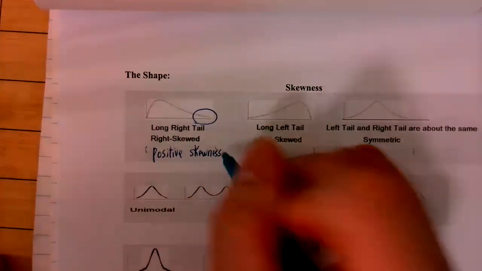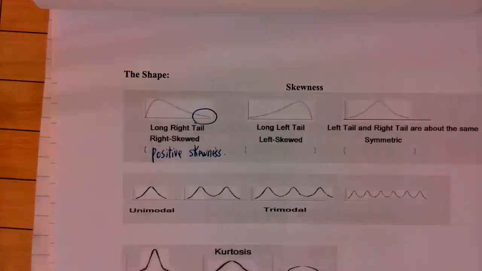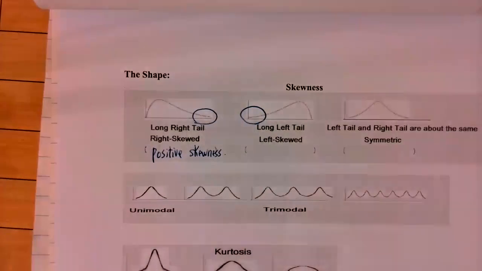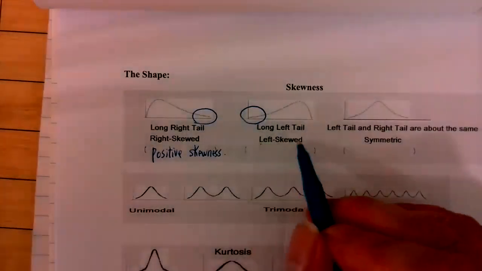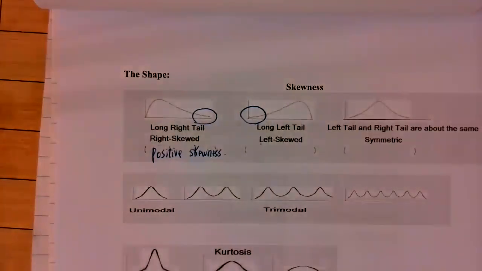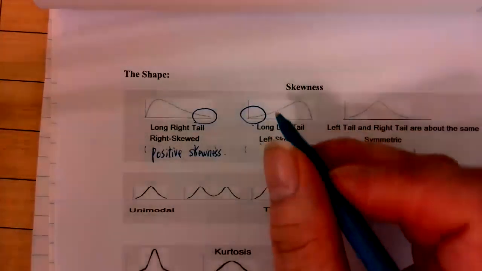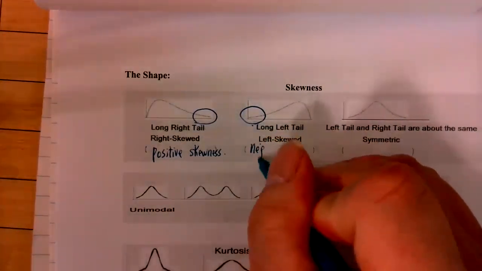For a right skew curve, we also call the distribution positive skewness. Okay? The second picture, we find a long left tail. We call it left skew. When a picture has a long left tail, we call the distribution negative skewness.